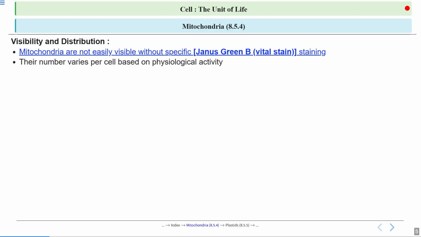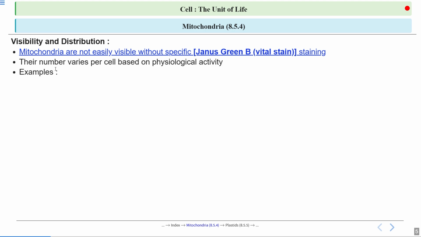Now, the number of mitochondria varies per cell based on the physiological activity of the cell. If the cell is active, it will consist of a larger number of mitochondria. If the cell is not that active, then it will contain fewer mitochondria.